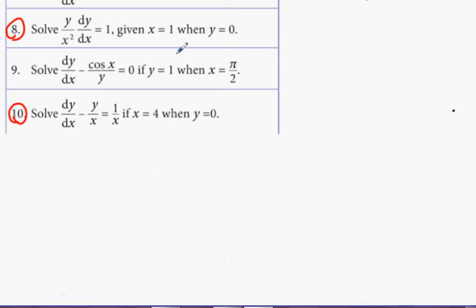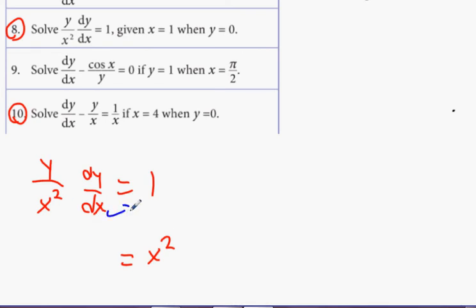Okay, y over x squared dy dx equals 1. How would you start this one off? Any idea? Bring the x squared, and what else goes with it? The dx. What stays on the left side?